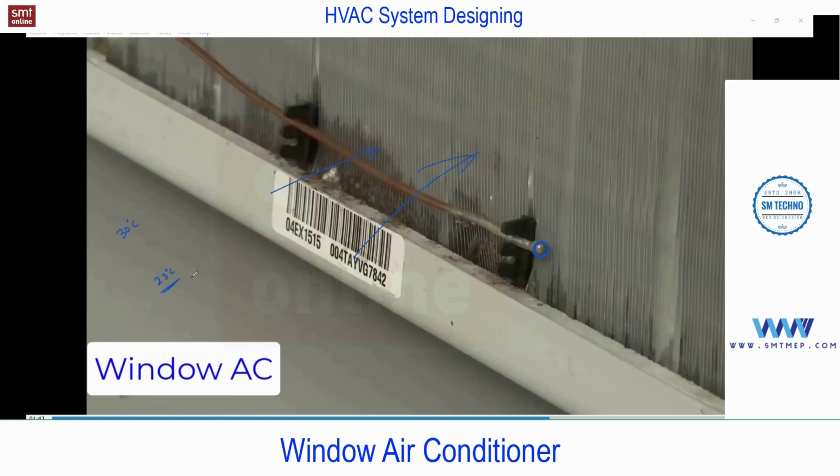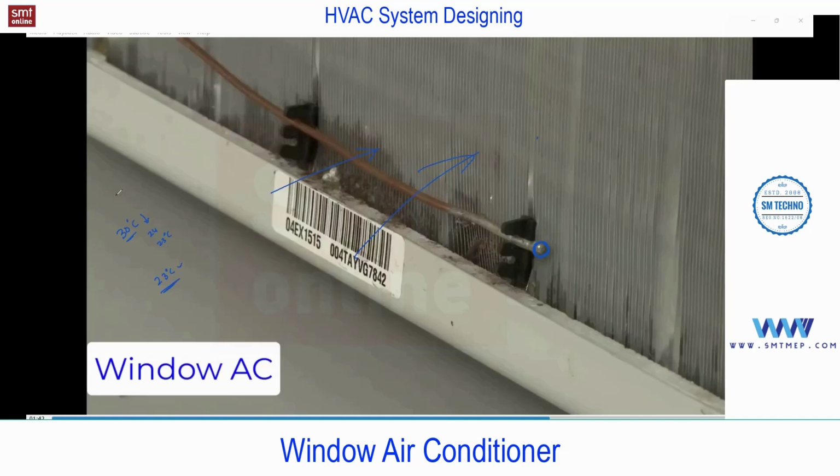So what will happen when you switch on this unit and set 23 degrees centigrade? You'll get the cool air, and the room temperature starts decreasing. So 30 to, say, 28, say 25. After some time, you can expect the room temperature to be, say, 24, and further 23, what we set.